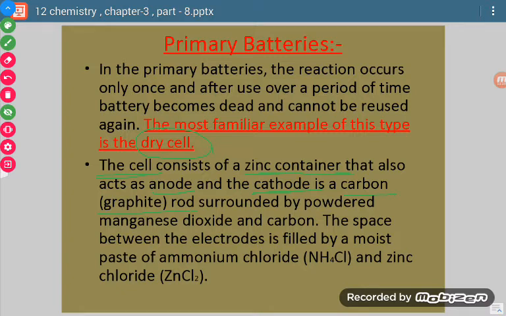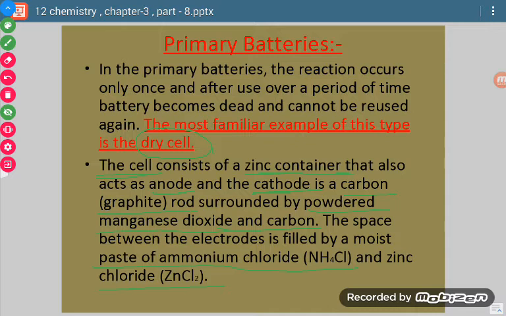This carbon rod is surrounded by powdered manganese dioxide and carbon. Now the space between the electrodes is filled by a moist paste of ammonium chloride and zinc chloride. Okay. So this is the construction.